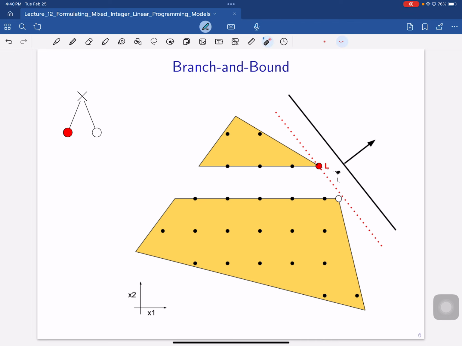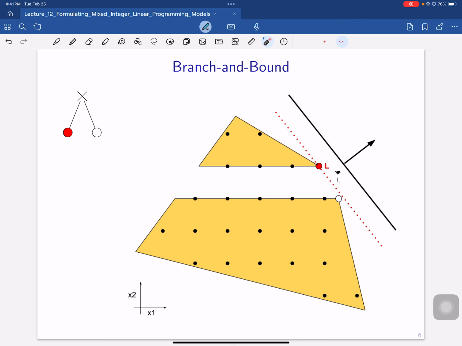You know this point is integer infeasible. So now let's say x2 has to be greater than or equal to the integer rounded up, and here you also round down this number. So now you basically split the problem into two problems by rounding up and rounding down a fractional variable.